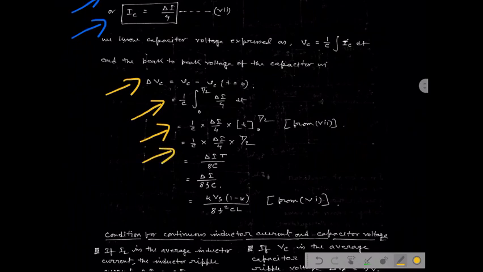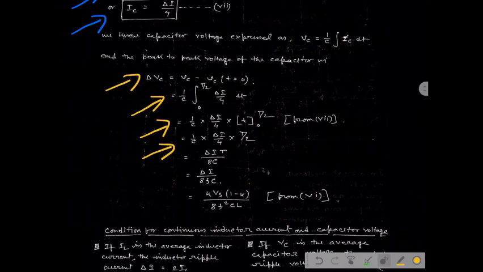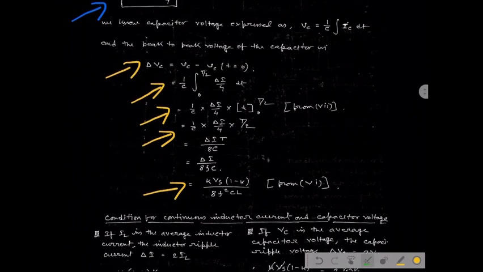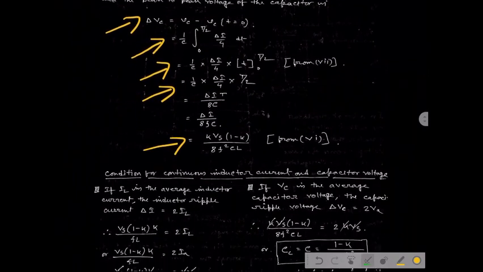After calculating the whole part, ultimately we get del Vc equal to kVs into 1 minus k by 8 f square LC. This is the actual peak to peak ripple voltage across the capacitor.